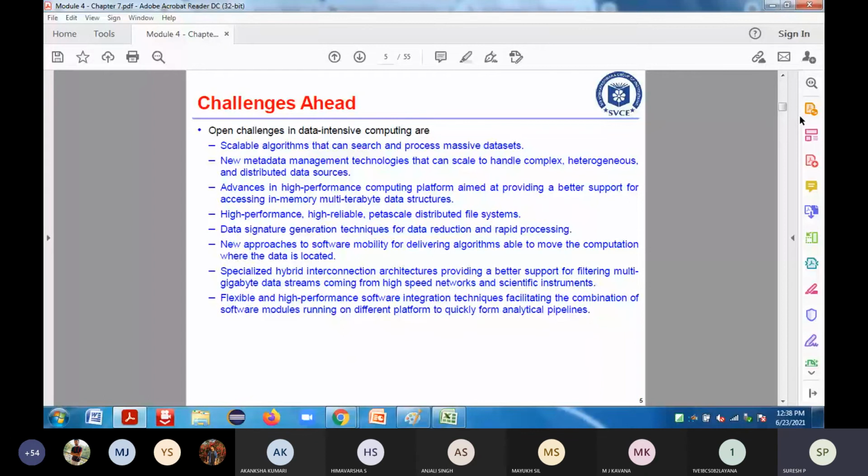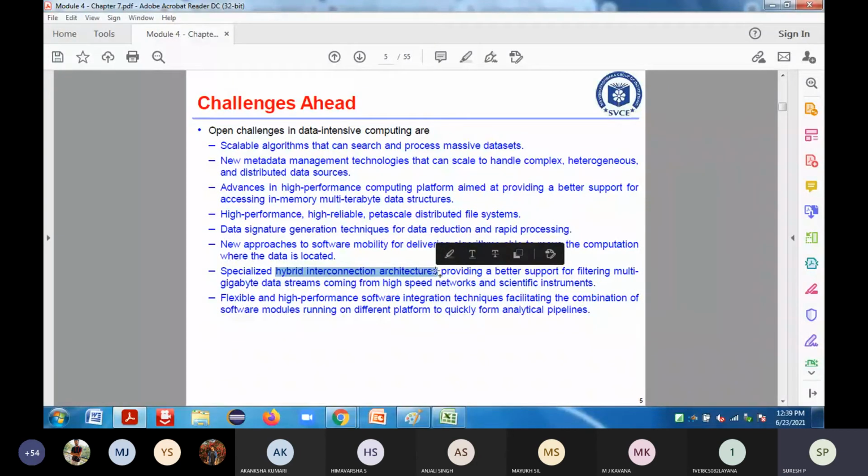There are also specialized hybrid interconnection architectures, which provide support for filtering multi-gigabyte data streams coming from high-speed networks and scientific instruments. So what it means is that it has a specialized high-speed interconnection architecture, which provides filtering of the multi-gigabyte data streams.